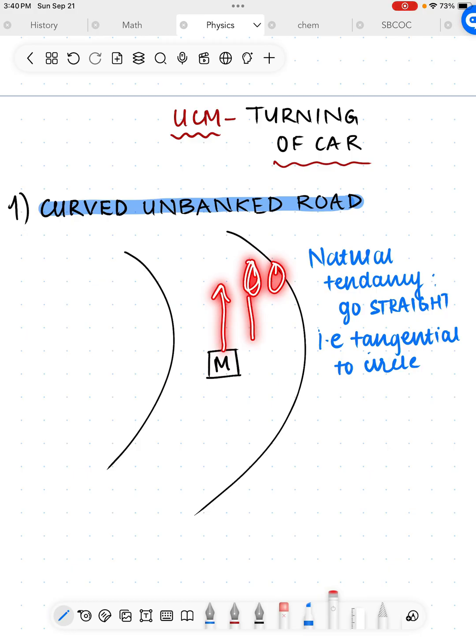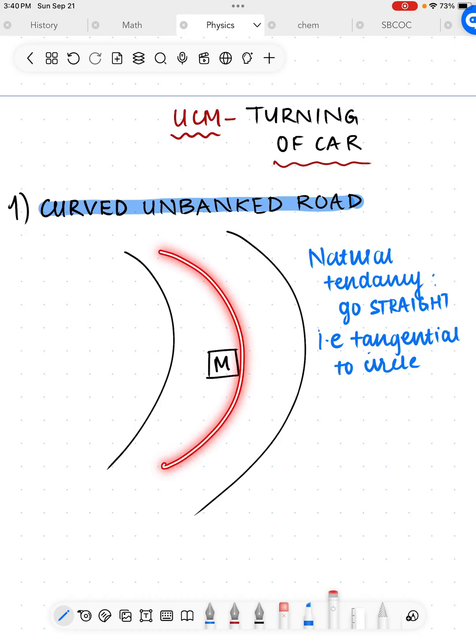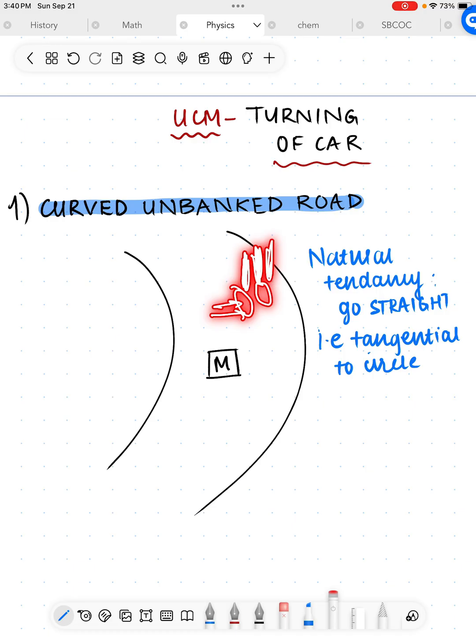The vehicle is accelerating forward. Why would it go in a curve unnecessarily? If the tires have been rotated, the car would try to push them like this, and it would go straight tangentially to the circle.